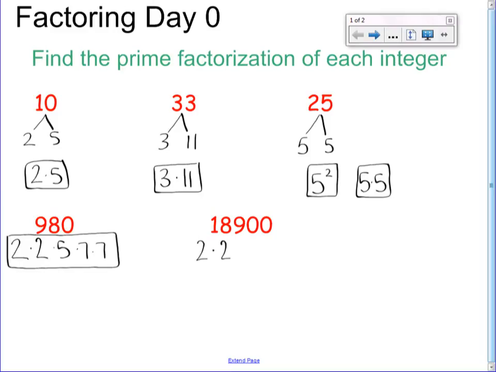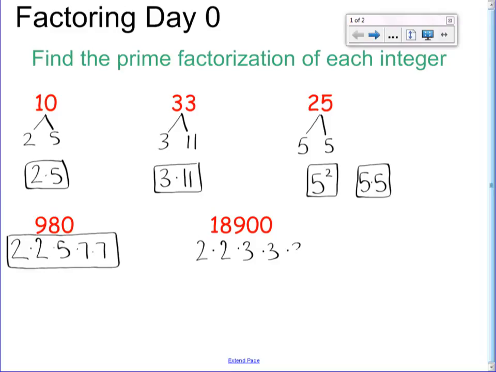Is 18 divisible by 3? Yes. Okay, so our original number of 4725 should be divisible by 3, and it is. We don't get any decimals or fractions. Okay, so the next number, when you add the digits, is also divisible by 3. So we can hit divided by 3 again.